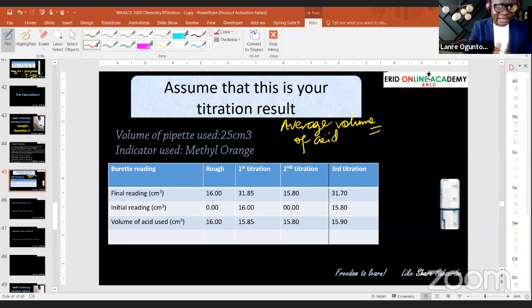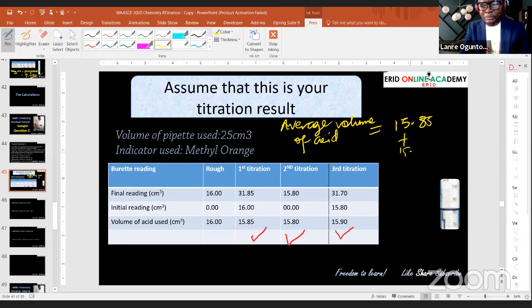Don't forget, I said you are going to use your first, your second, and your third titration. So what's the value? Press your calculator with me. 15.85 plus 15.8, then plus what? 15.9. So we are going to divide the answer by 3.